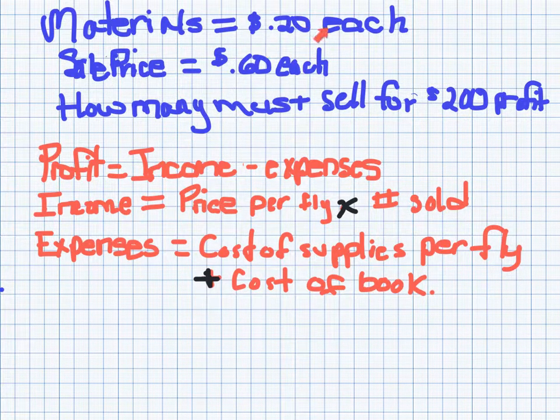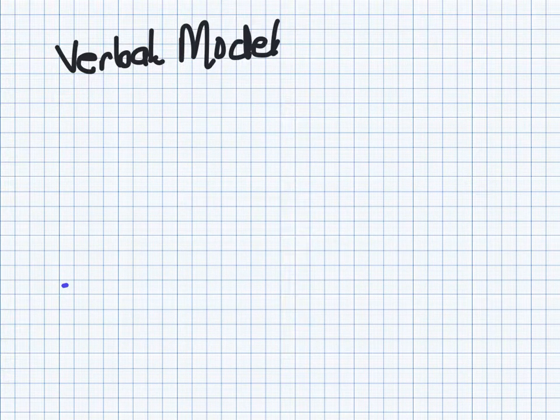What they want to do here is the materials are 20 cents each. You're going to sell them for 60 cents, and they want to make a $200 profit. So let's talk about how you would create a verbal model. We've identified all the pieces, the price per fly, which would be 0.60.